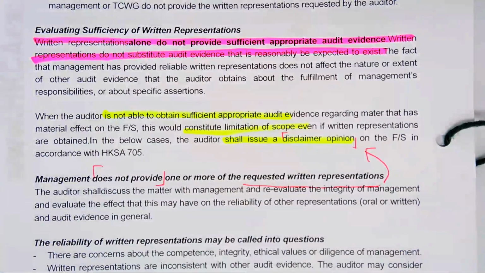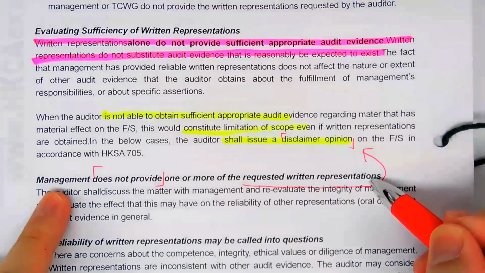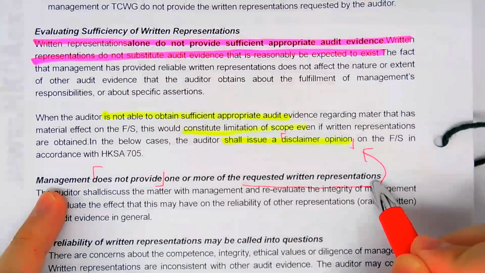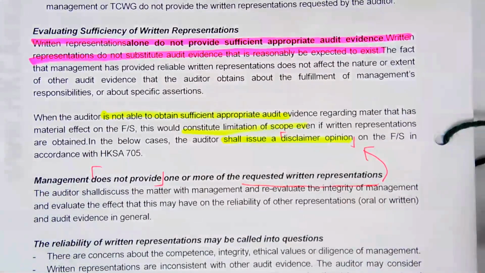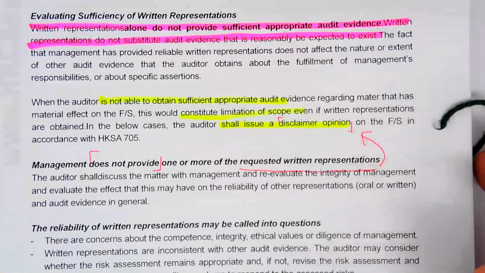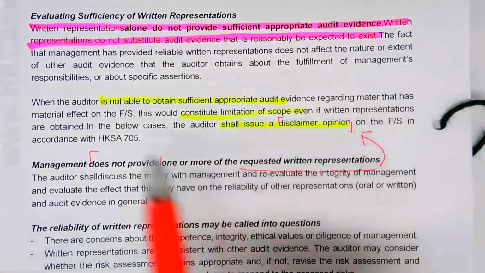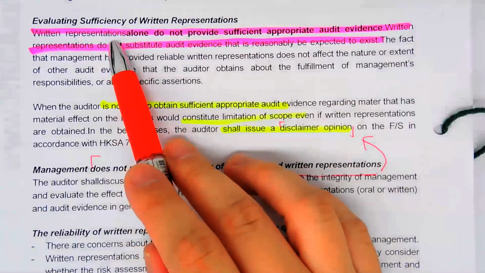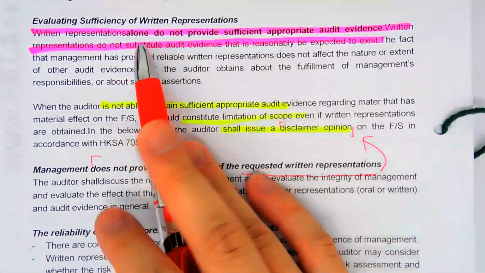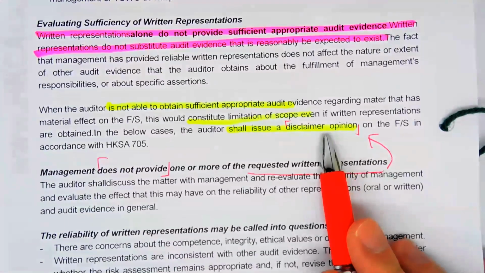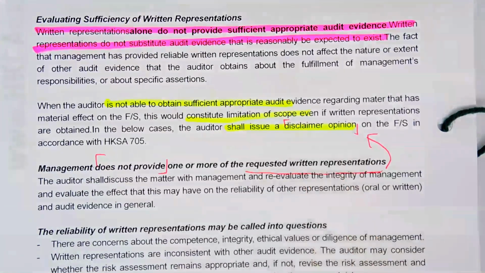No matter how good your audit is, how good you performed your audit, if eventually your management refuses to provide you a written representation, you will not be able to issue an opinion on the financial statements. So this is interesting. The written representation alone does not provide all the evidence, but without a written representation, we cannot express an opinion on the financial statements.